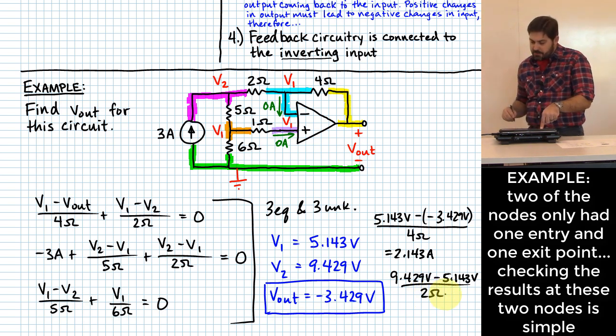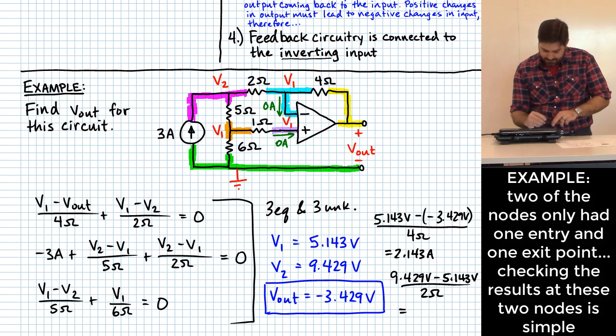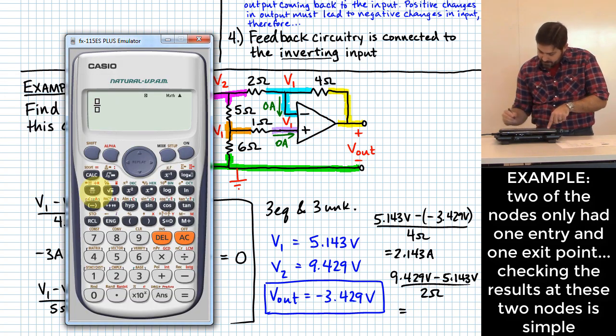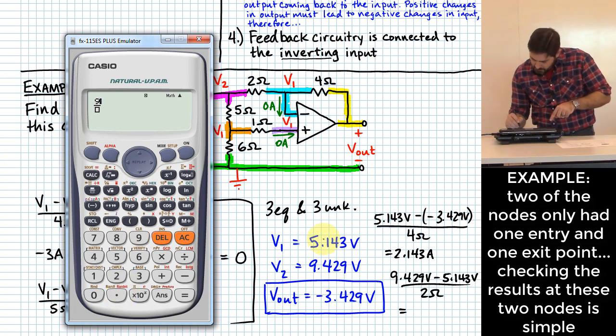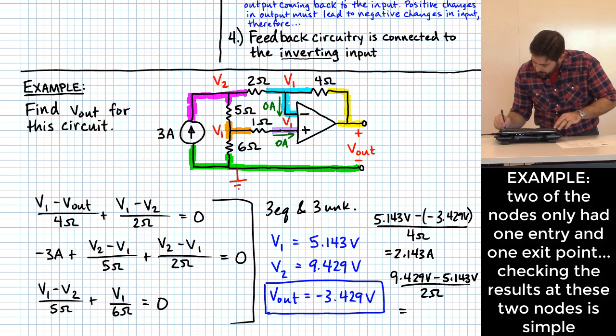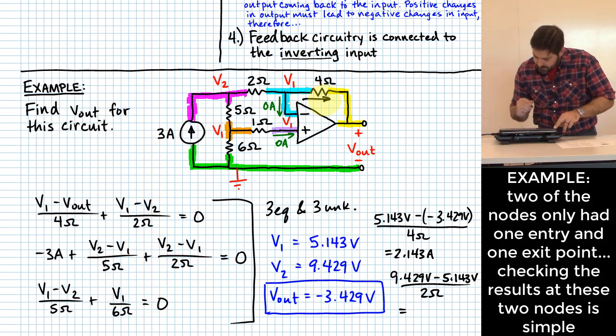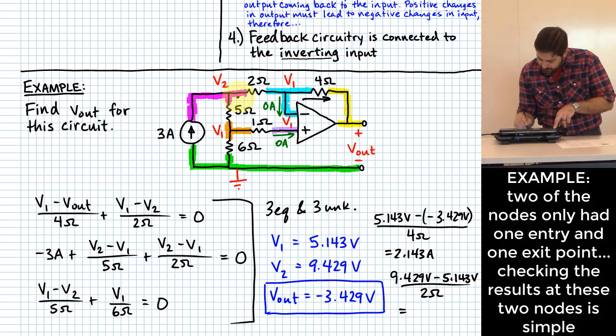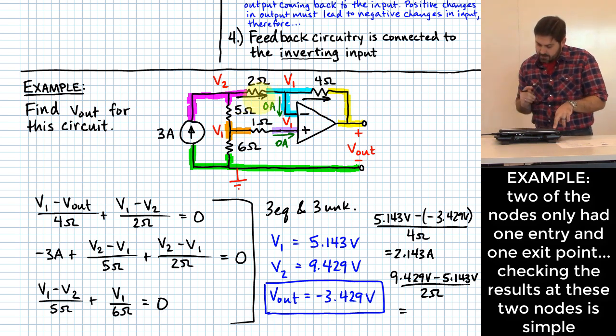Okay, that should give me what? We can check and see whether or not it does. So we're assuming here that current flowed this way from V1 to V out. And in this one, I'm assuming current flows the same way because we can't have any current flowing down here.